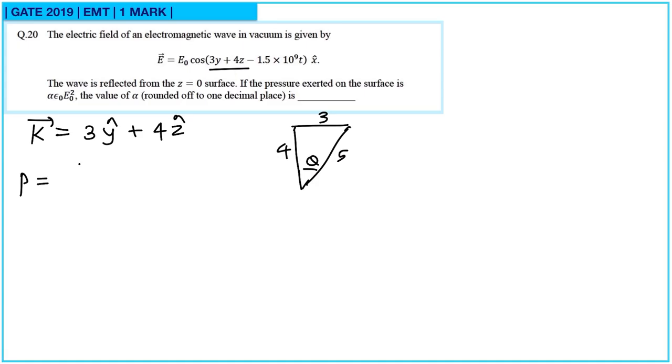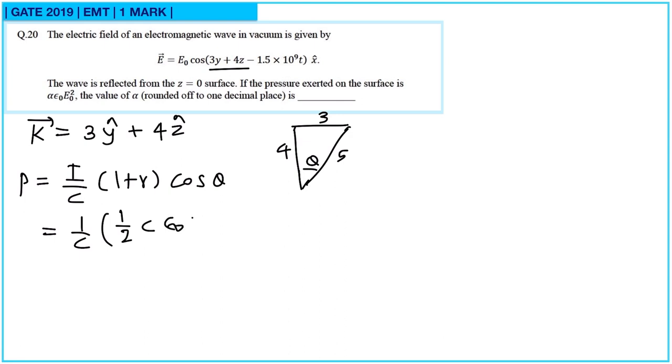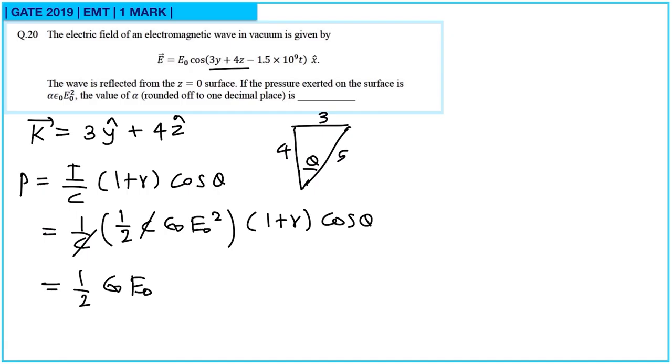Now P is equal to, formula is I by C into 1 plus R into cos of theta. I is equal to 1 by 2 into C into epsilon naught into E naught square. So P is I by C into 1 plus R into cos theta. So this C and C will cancel out. We have 1 by 2 into epsilon naught into E naught square, and here it is reflecting from the surface, so R is 1.